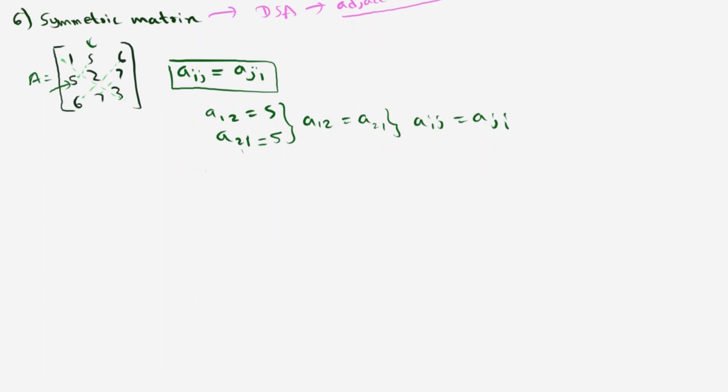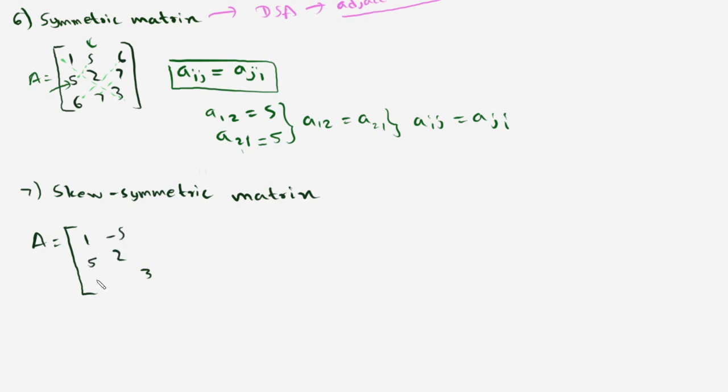And there is some special type of symmetric matrix which is known as skew symmetric matrix. Such a matrix again will act as a mirror, its diagonal, but all the existing values are minus values, something like this.